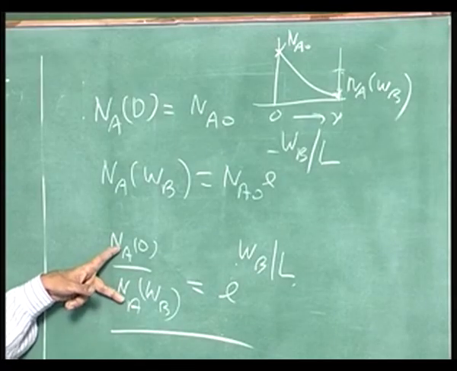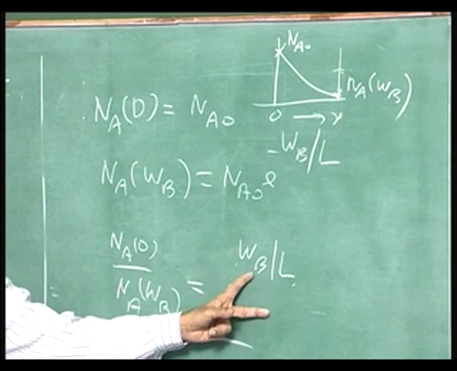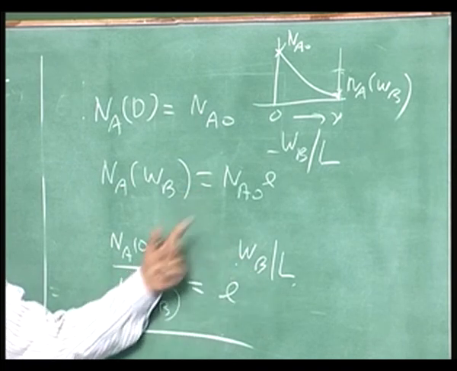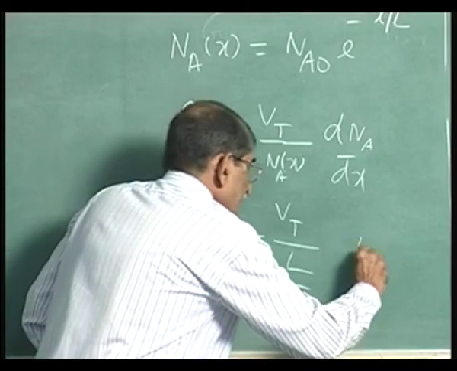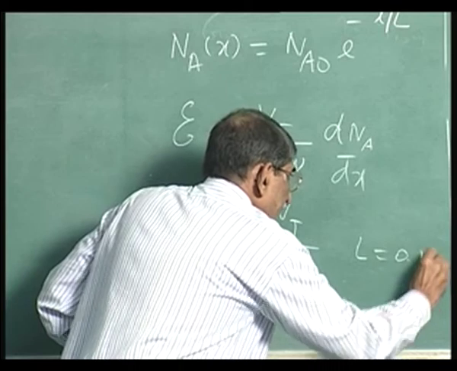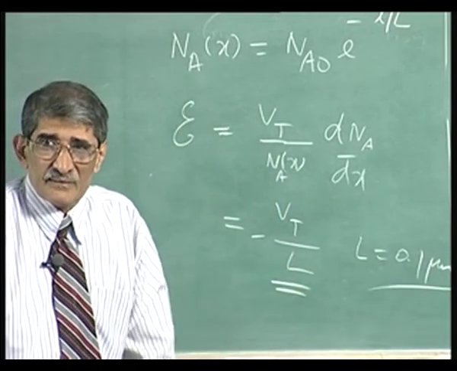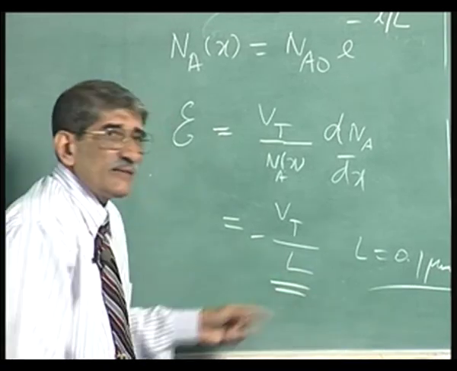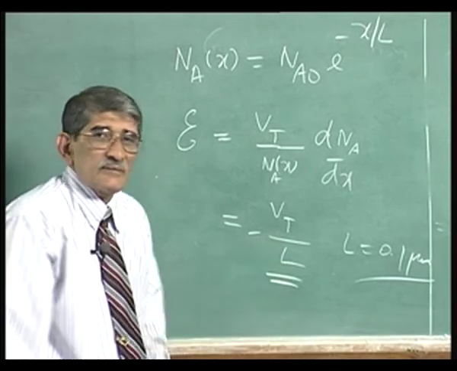This ratio is 54, which is e to the power of 4, that means W by L is 4; if Wb is 0.4, L is 0.1. It may be 0.1, 0.2, whatever. So, if it is 0.1, what is the Vt by L field now? 25 millivolts divided by 0.1.